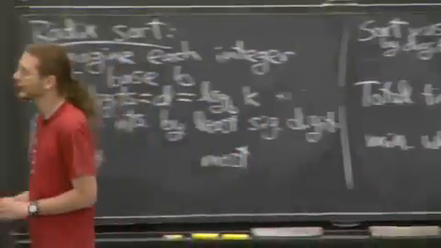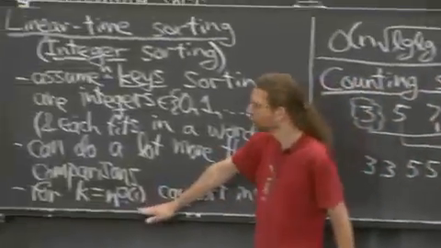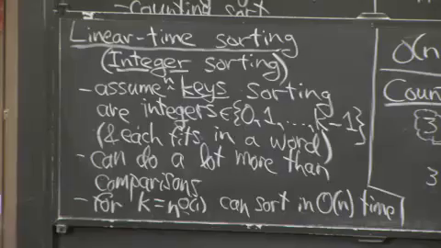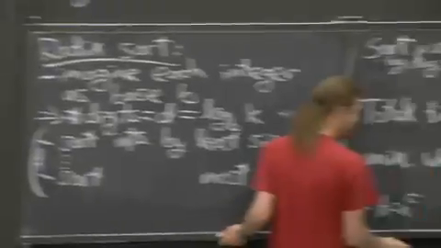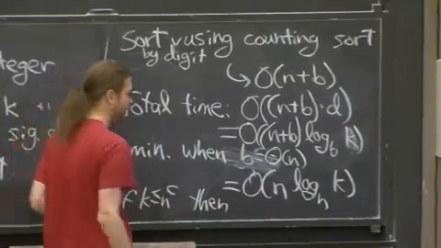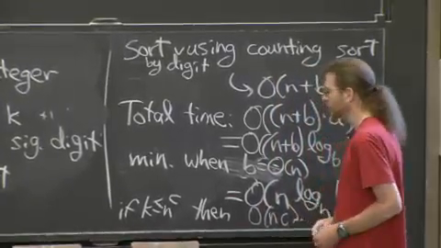And lo and behold, when k is polynomial in n, k to some constant, then that will be linear. So let me write that. If k is at most n to the c, then this is going to be order n times c.